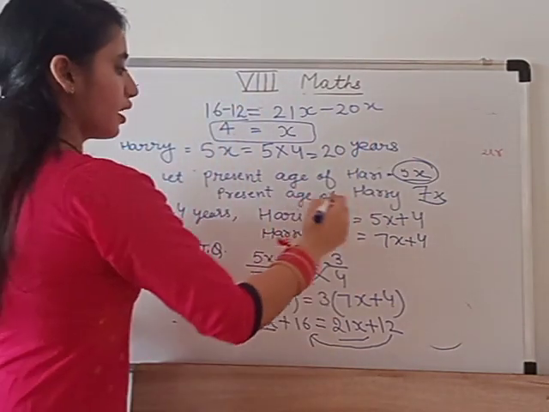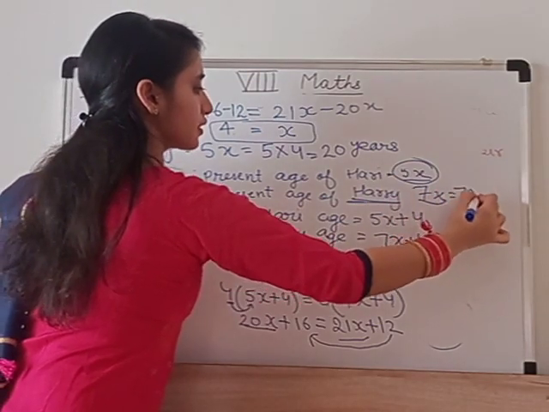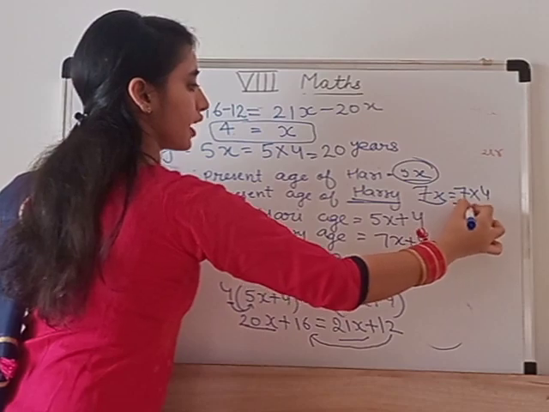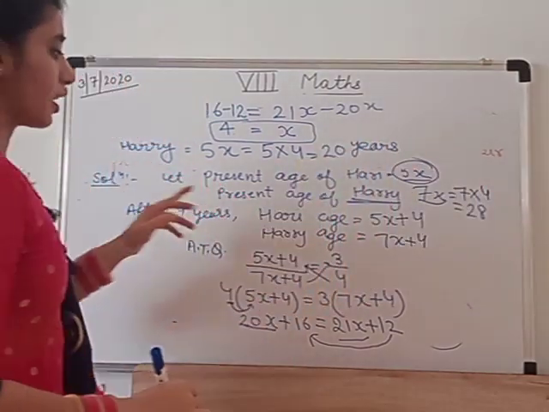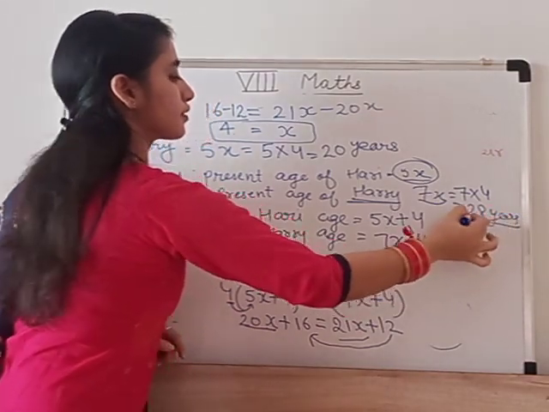And Harry's age is 7x. Put the value of x in this: 7 into 4 is 28. So the present age of Harry is 28 years.